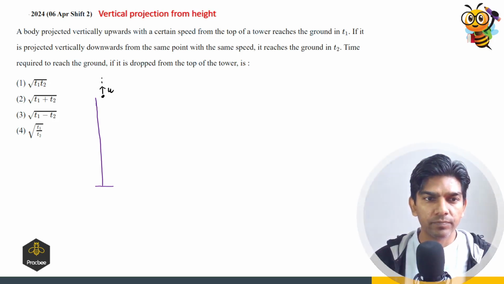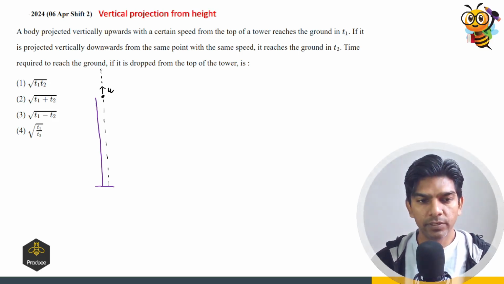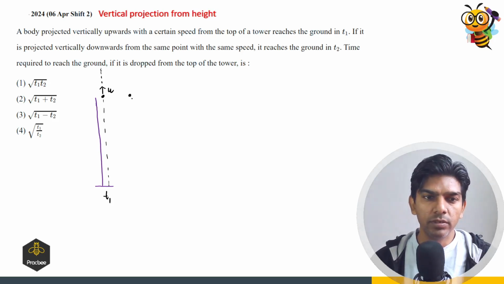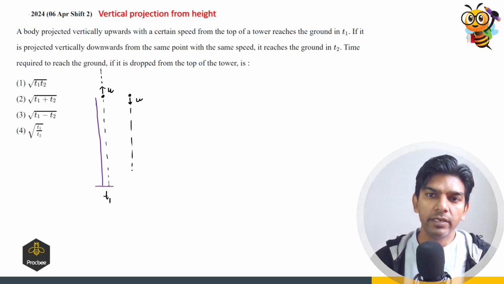It attains a maximum and then comes down and hits the floor at this particular point, and the time taken is t1. If it is projected vertically downward from the same point with the same speed, so if we are throwing this ball in the downward direction with the same speed, it will take t2 time.